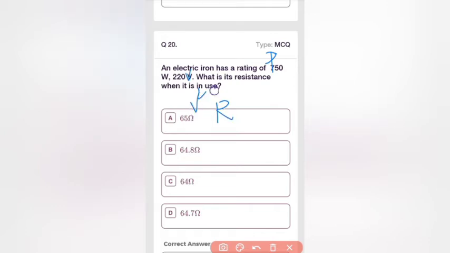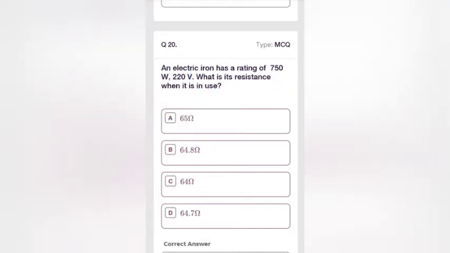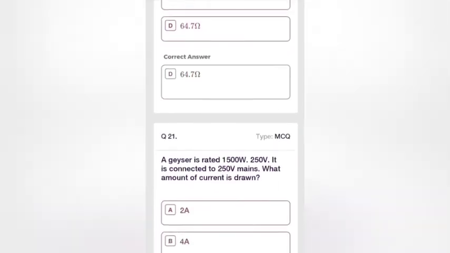We know power is equal to V square by R, and R is equal to V square by P. So 220 into 220 divided by P. The power is 750. So if you divide, you will get 64.7 ohms. Option D is the correct answer.